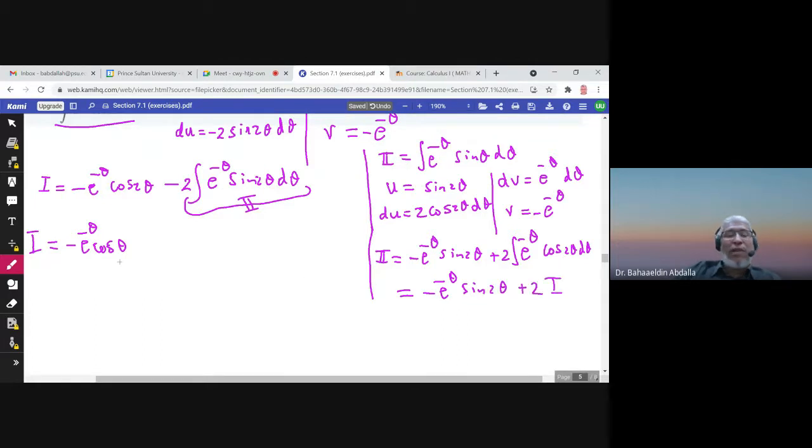This is I. So here now I would be equal to negative e negative theta cosine 2 theta minus 2 times this.